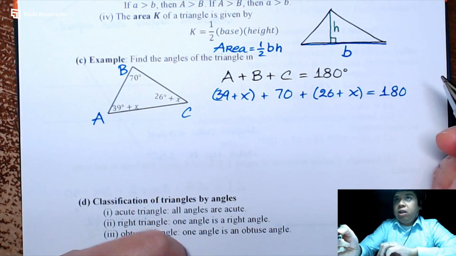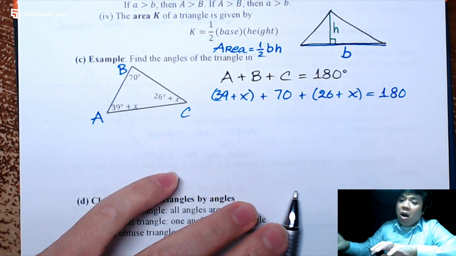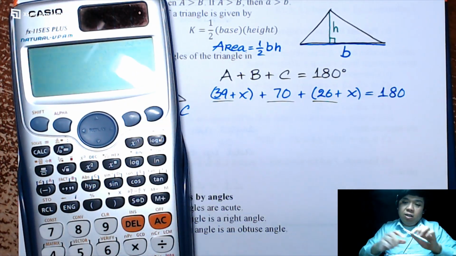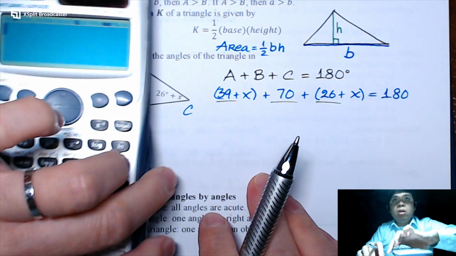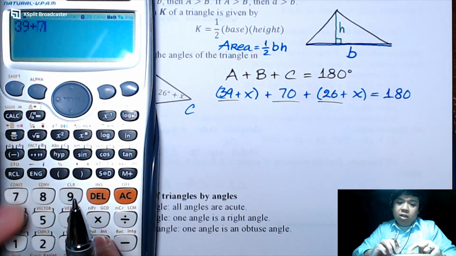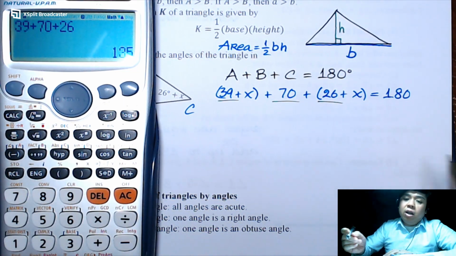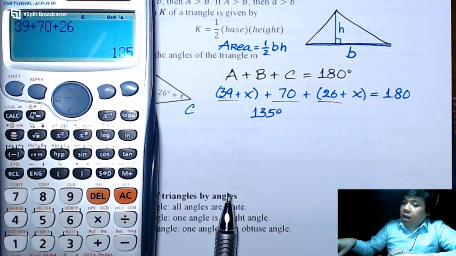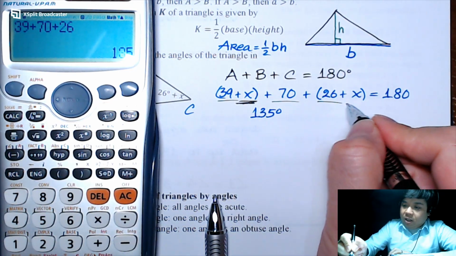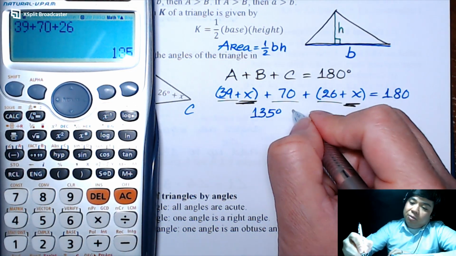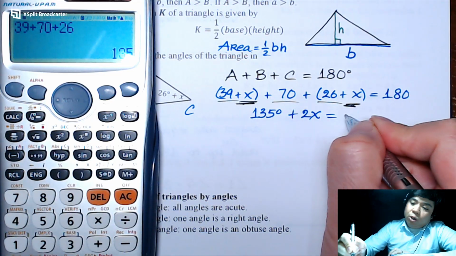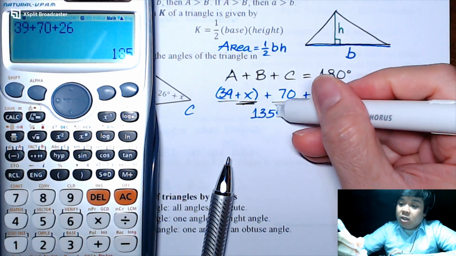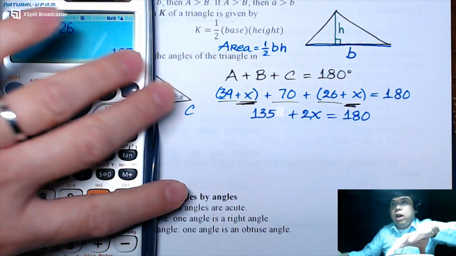And now we just solve for x. Okay. Combine like terms: 39, 70, and 26. That is 135 degrees. And then we have 1x plus 1x, 2x, equal to 180 degrees. Now we solve for x.